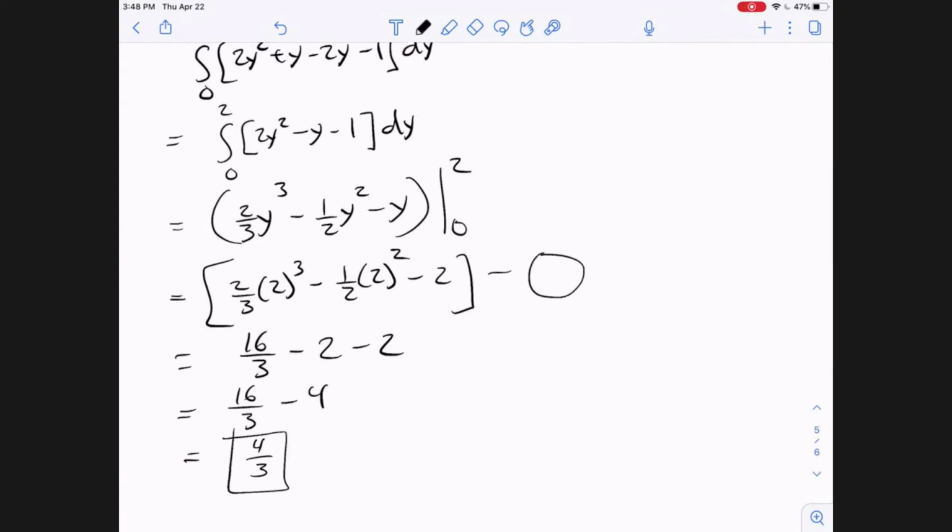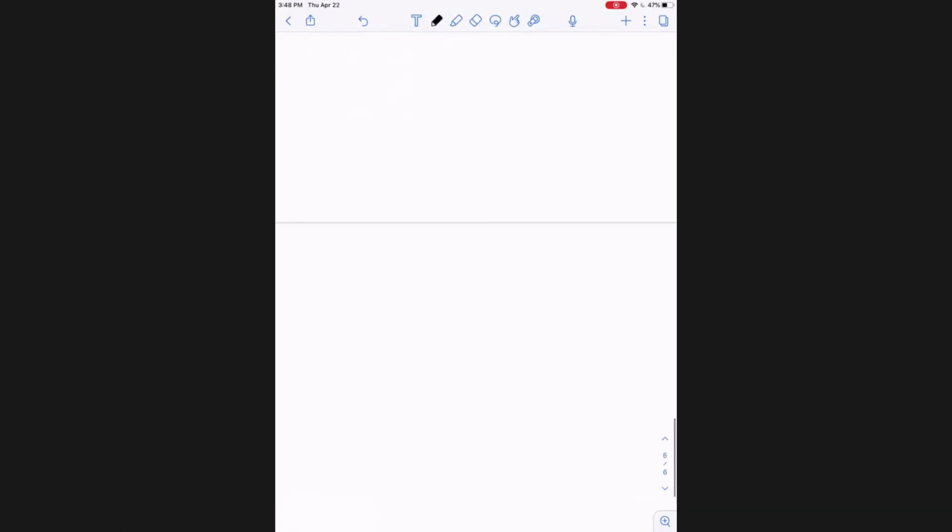fundamental theorem of calculus part 1 then. All right, so remember derivative and integrating are opposites, because when integrating you're taking the antiderivative, and with a derivative you're taking the derivative.